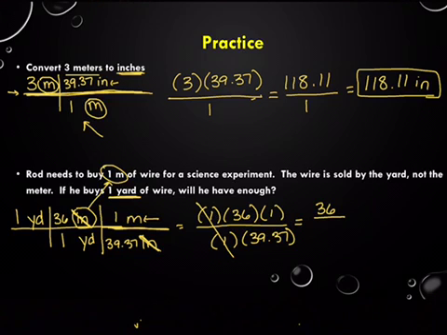So we can take 36 divided by 39.37, and we will come up with 0.914 meters. So if he buys 1 yard, will he have enough when he needs 1 meter? And so the answer here is no, he won't have enough.